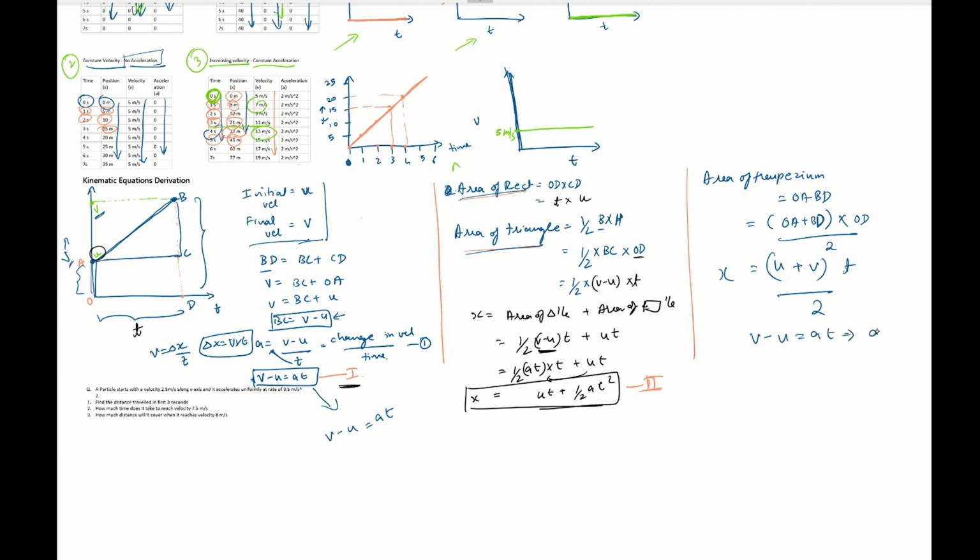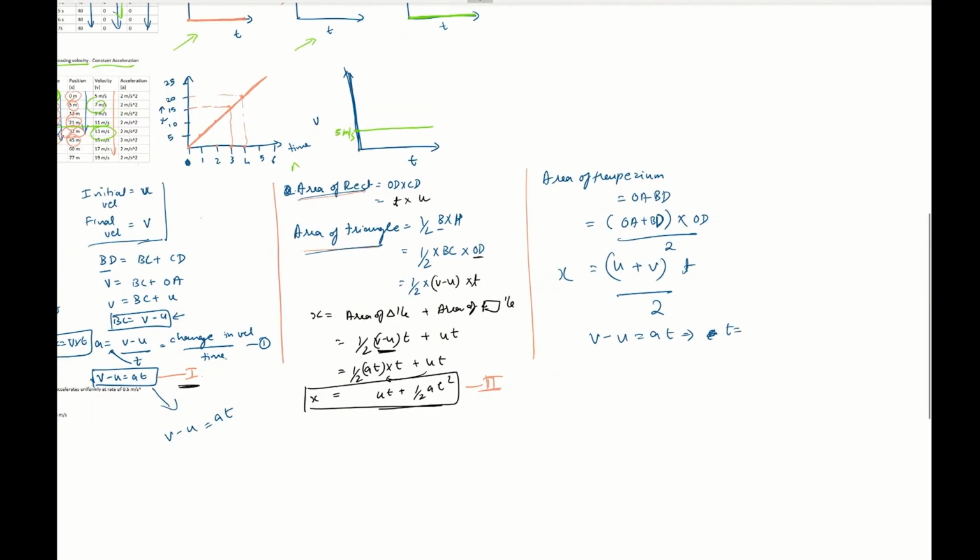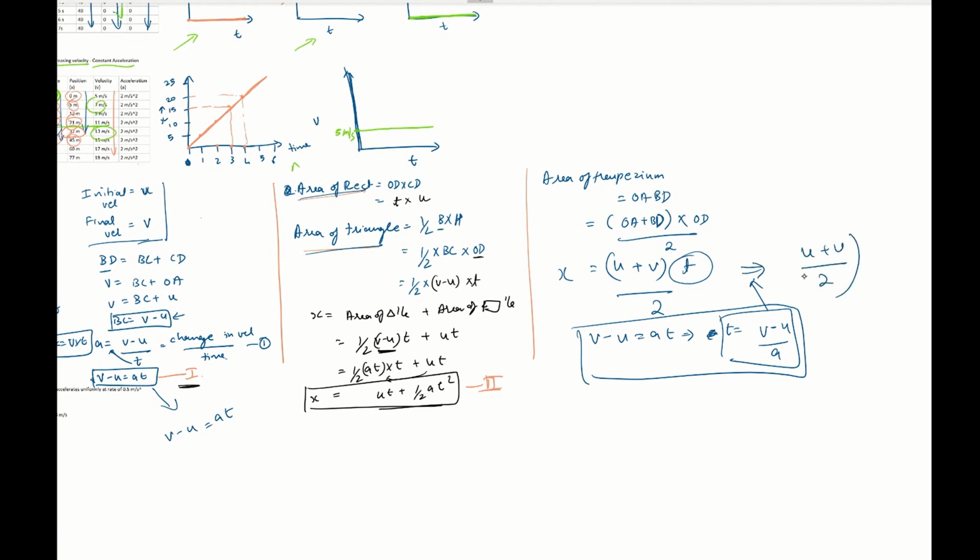You can write time as v minus u divided by a, right? So you can replace this time by this value. So you get u plus v divided by 2 times the time, which is v minus u by a.